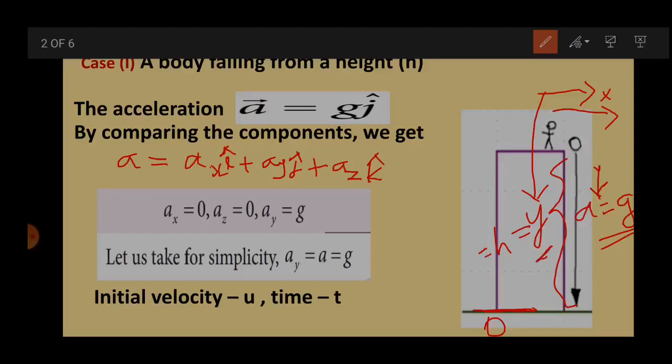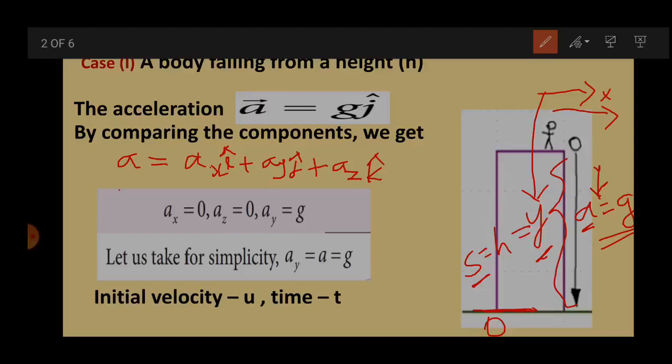Sometimes we call it the displacement, the total displacement from top to bottom, s. Then the acceleration of the object toward the earth a is the acceleration due to gravity g. As a vector, we go for components.